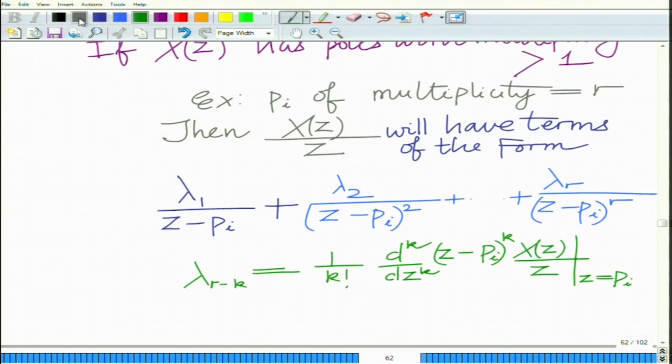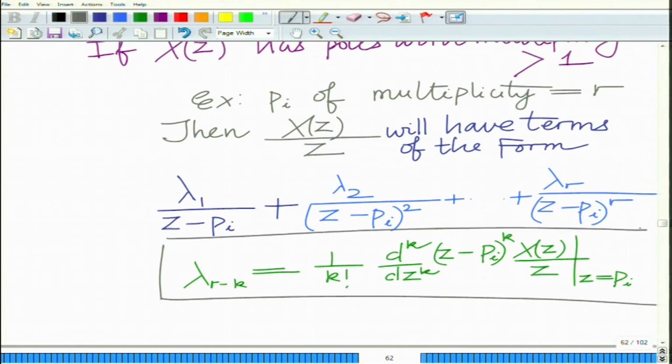This is the expression for lambda (r minus k).